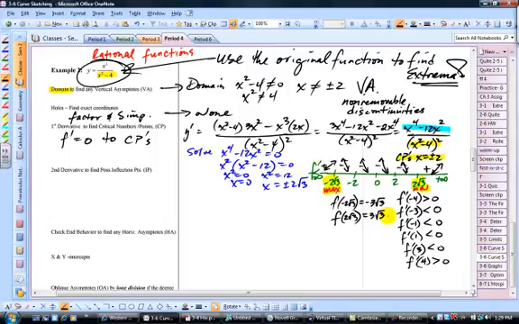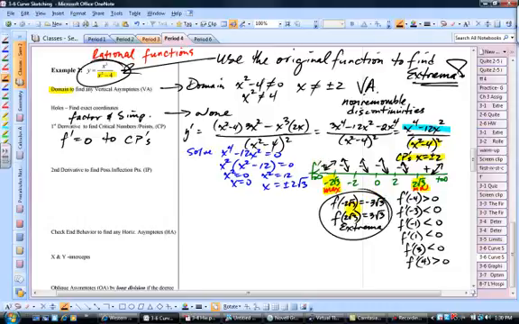So I found my extrema here. I have a max at negative 2 root 3, comma negative 3 root 3, and a minimum at 2 root 3, comma 3 root 3. So I've got my extrema here. I can use that to help me graph as well.